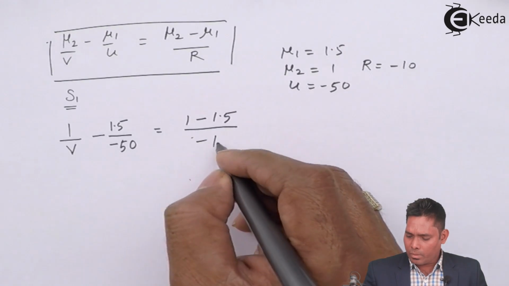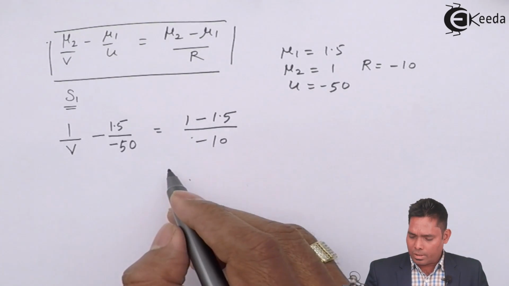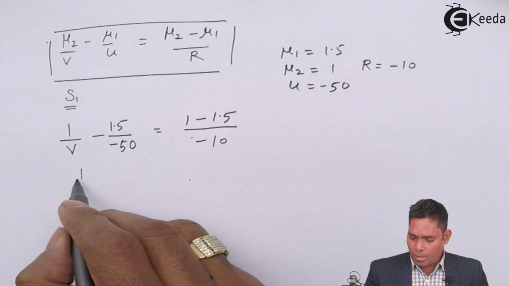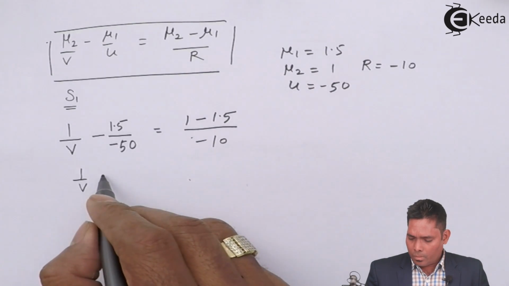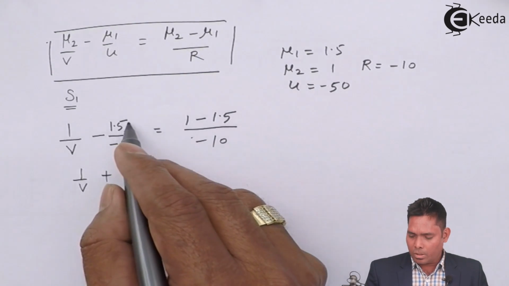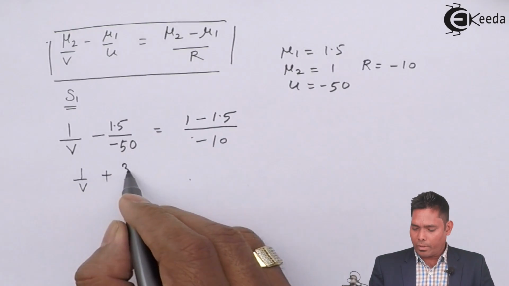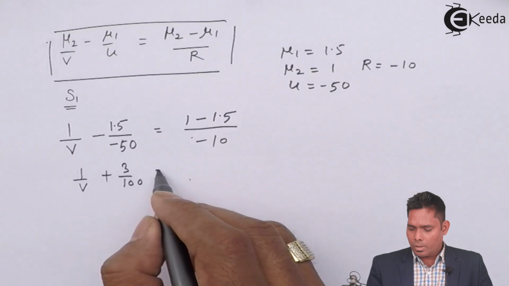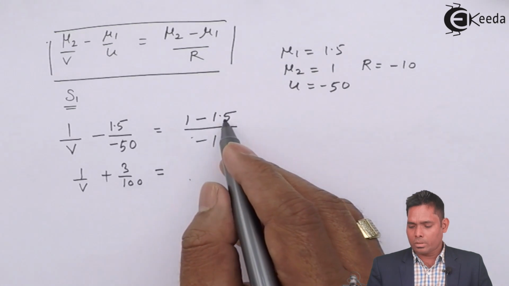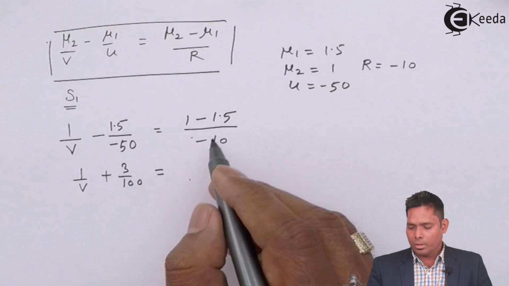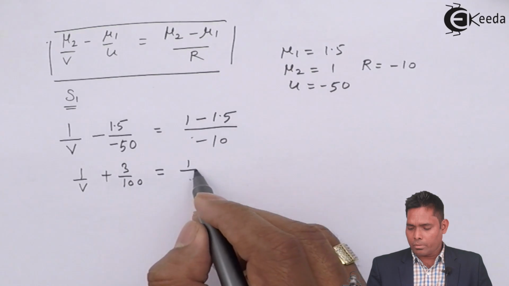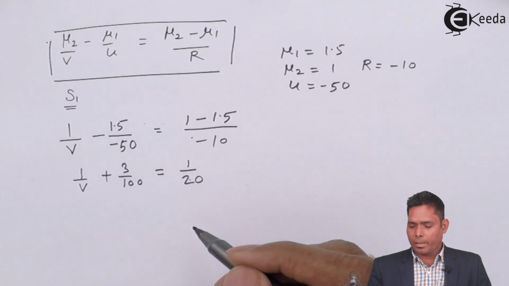Putting that minus 10 over here, we have to solve this. This is 1 by v plus 3 by 2, so it is 3 by 100, and that equals minus 0.5, that is half. This is 1 by 20.